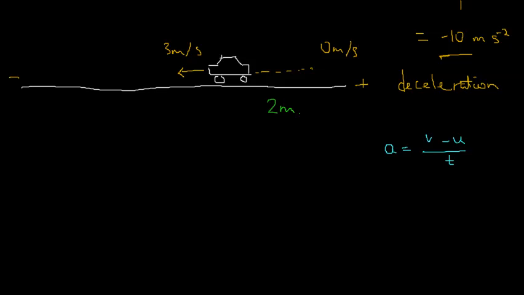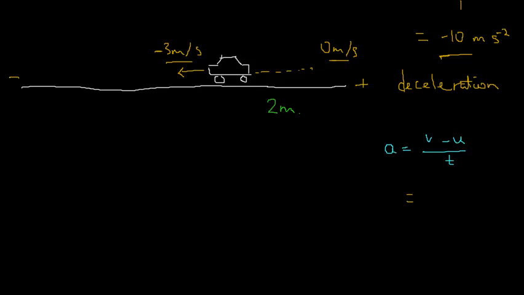In this case, my initial velocity is 0, and my final velocity is 3 meters per second. Because this time it is moving to the left, I need to put a minus sign to indicate that.